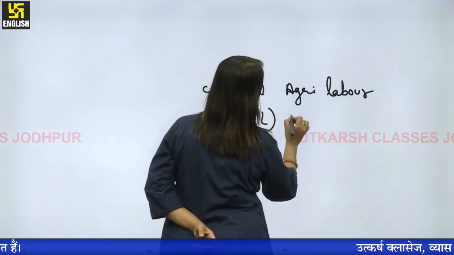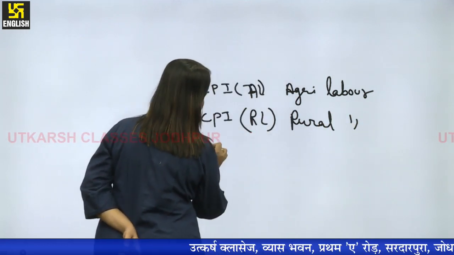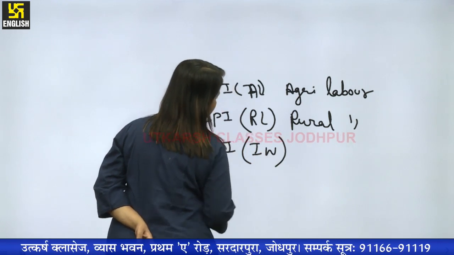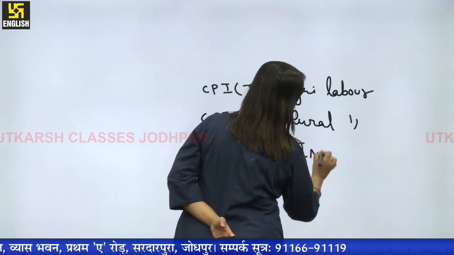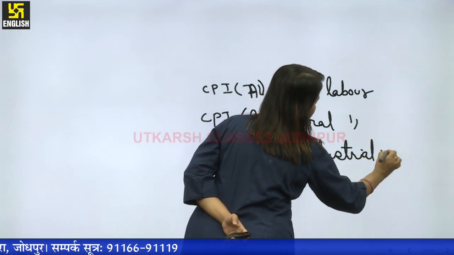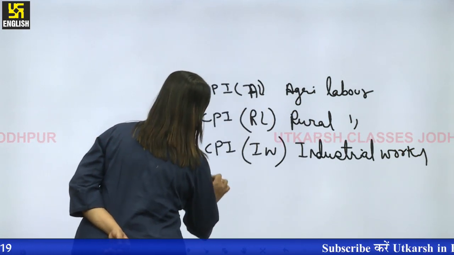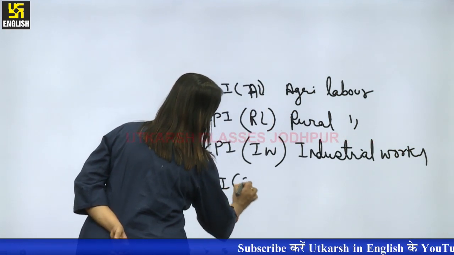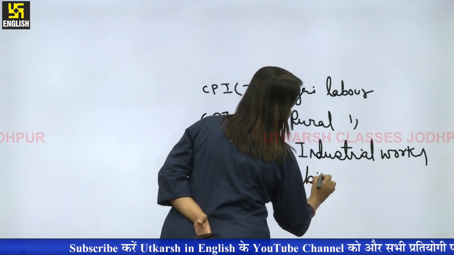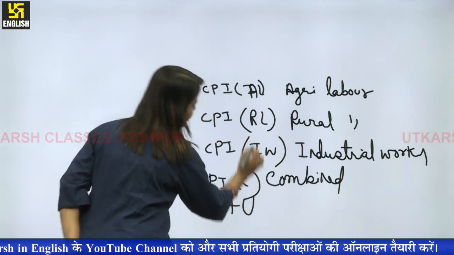It means rural labor. The third is CPI-IW. It means industrial worker. And the next is CPI-C. It means CPI combined. CPI combined means CPI rural plus CPI urban.